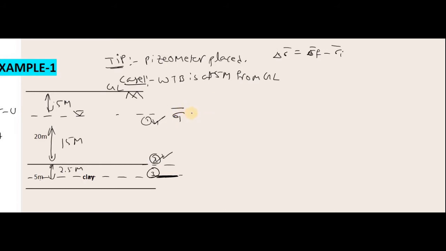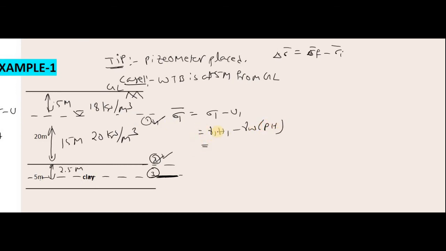So effective stress at 1 equals total stress at 1 minus pore water pressure at 1. In total stress, unit weight above the water table is 18, below the water table is 20. So total stress equals gamma 1 into H1 minus pore water pressure, gamma W into pressure head.